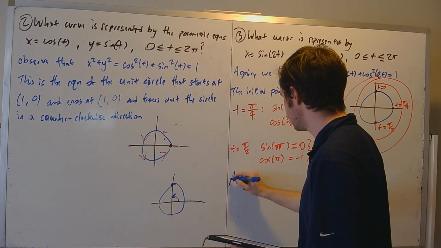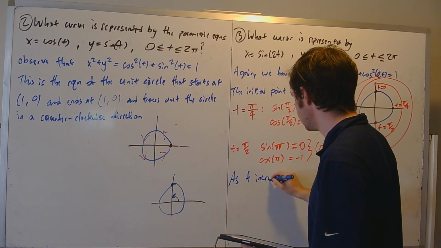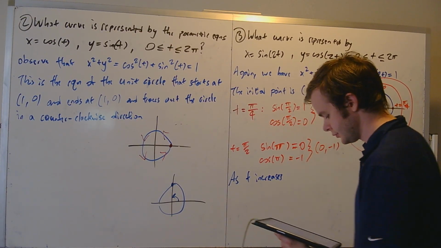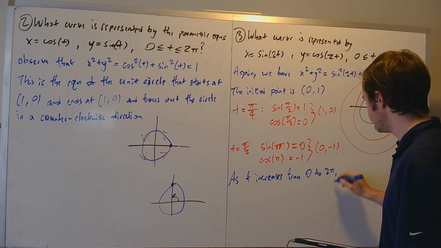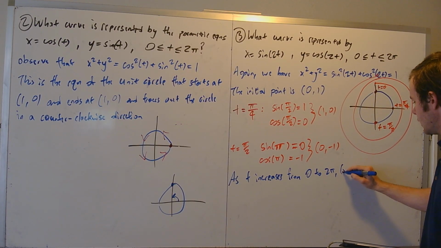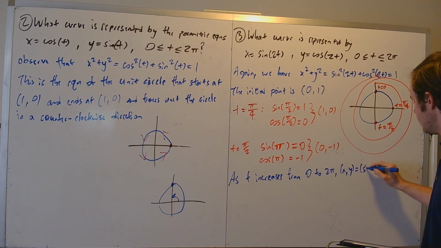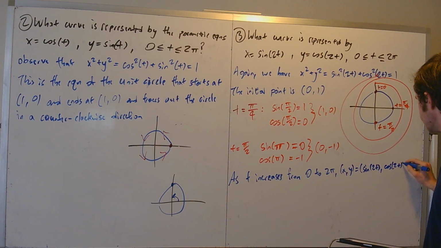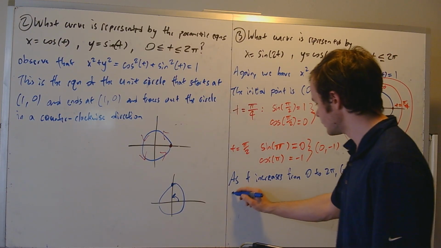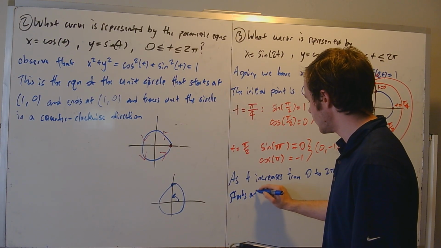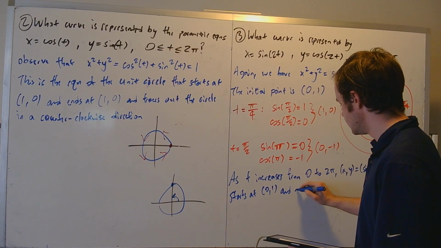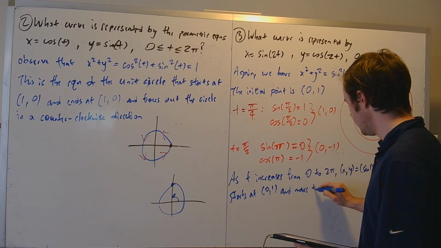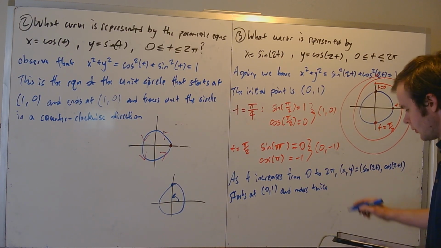So as t increases from 0 to 2 pi, x comma y, which is equal to sine of 2t comma cosine of 2t, starts at 0, 1, and moves twice around the unit circle.